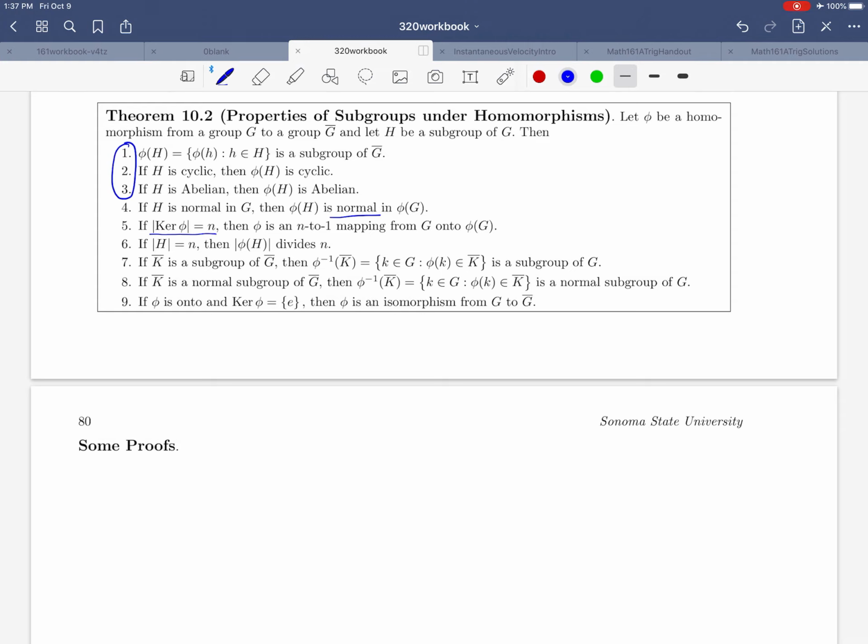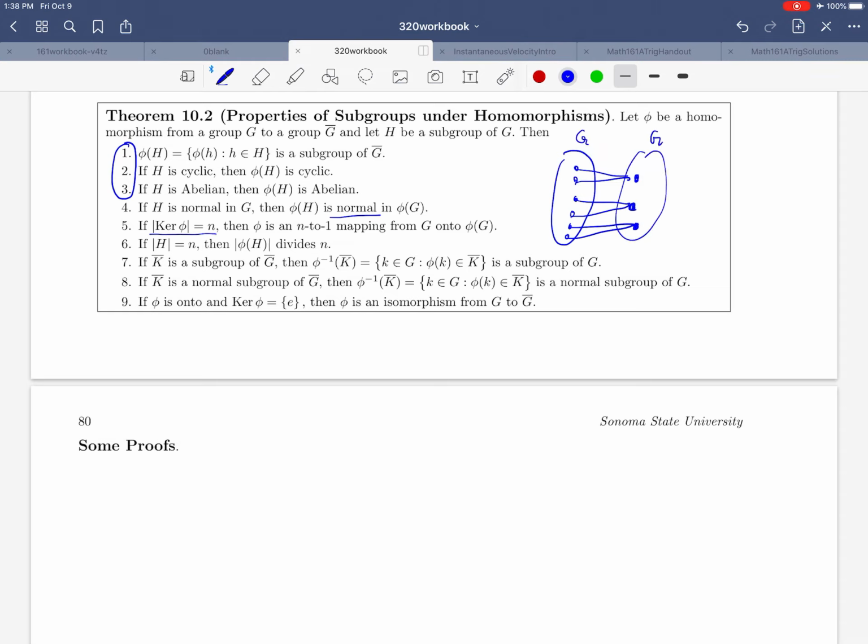And it was always the same number, right? So we had two things mapping to the same element in G bar, and another two things mapped to a different element in G bar, and another two elements mapping to the same element in G bar.